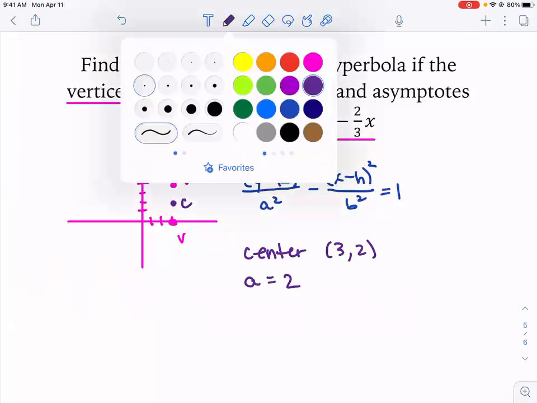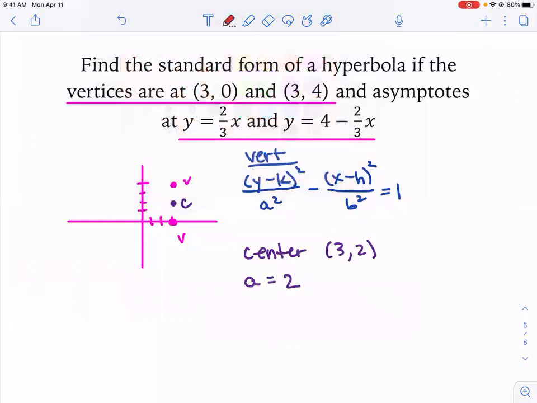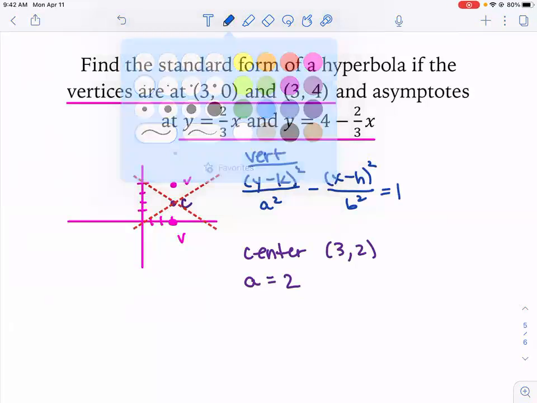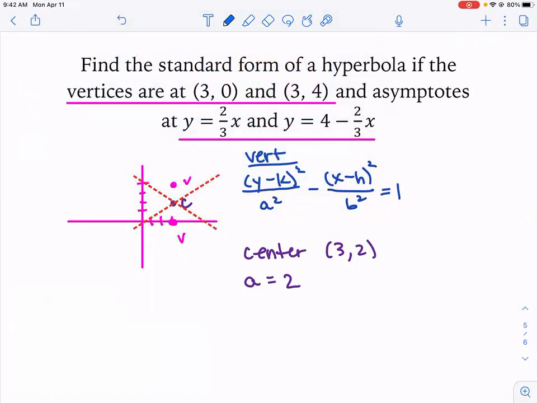Now, our asymptotes are y equals 2/3 x and y equals 4 minus 2/3 x. Now, that's not usually how we write our asymptotes, and that's okay.